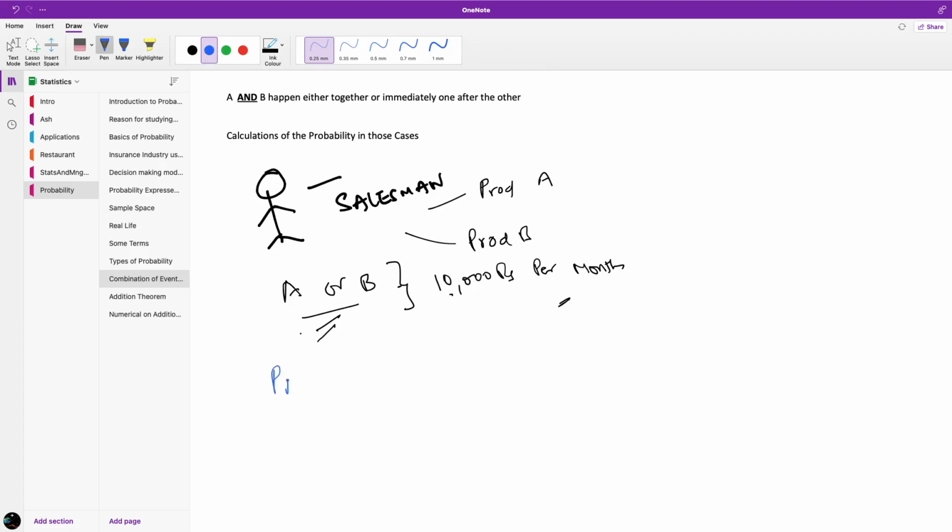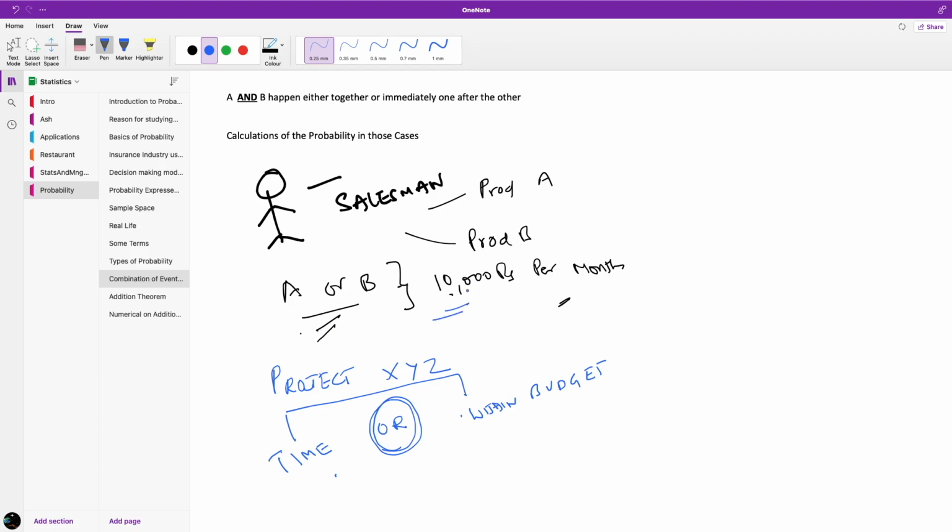So there is a project XYZ, and the criteria for this project to be a success is whether the project is completed on time, within time, or within budget. So here we are interested in what is the chance that project XYZ will be completed in time or within the budget. Here, a salesman, whether he will be able to sell product A or B worth 10,000 rupees.